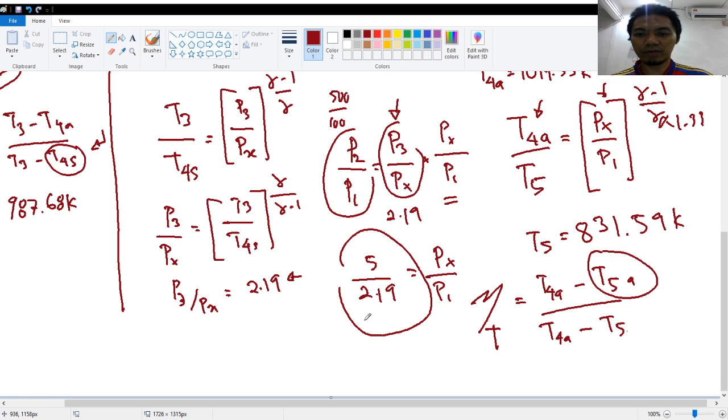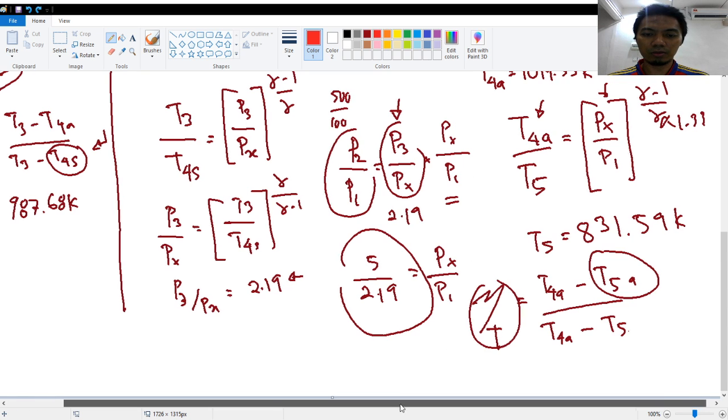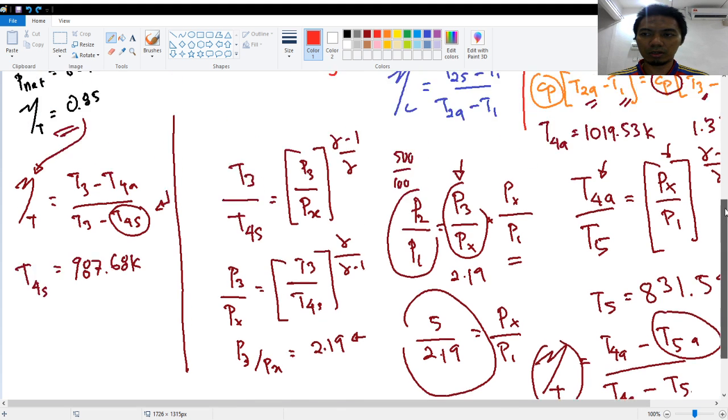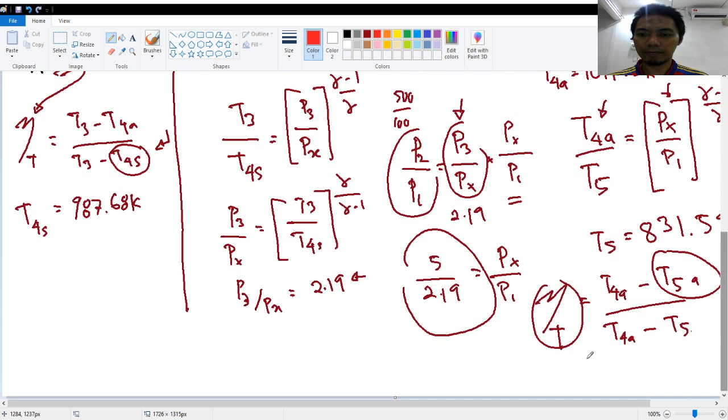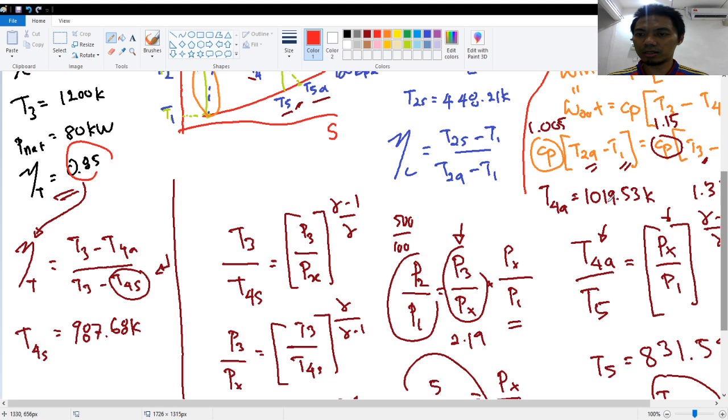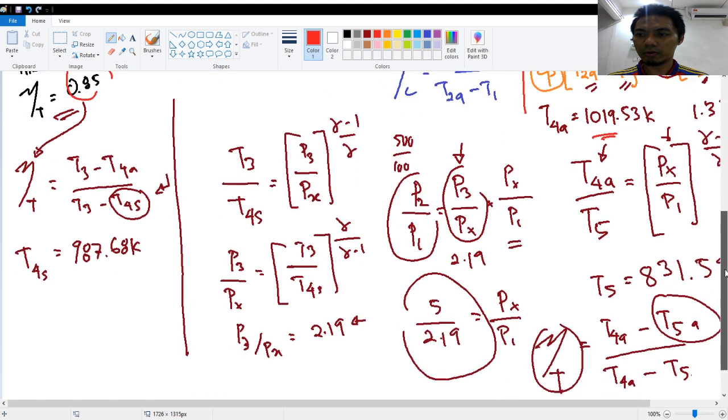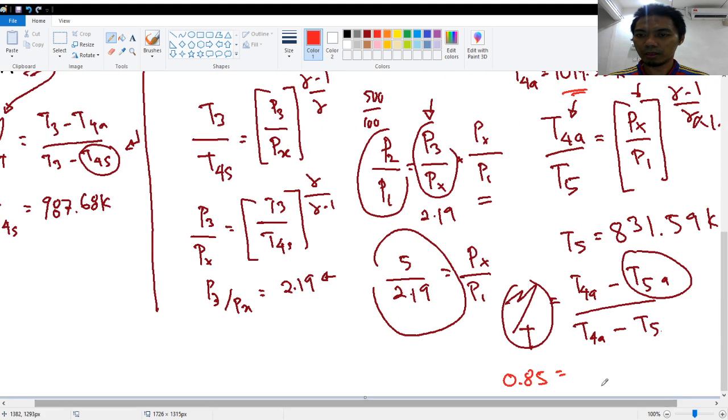The efficiency of the turbine is using this 0.85. Where is your T4? This is your T4. You already calculated.